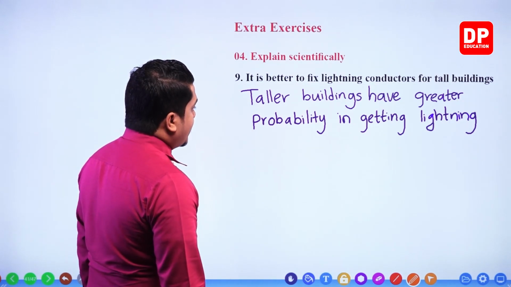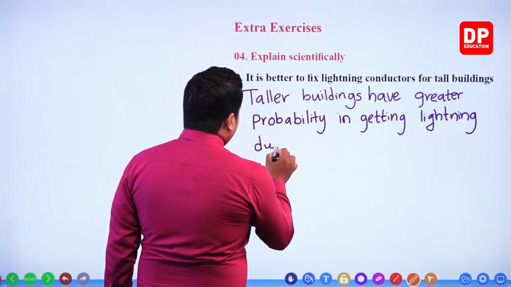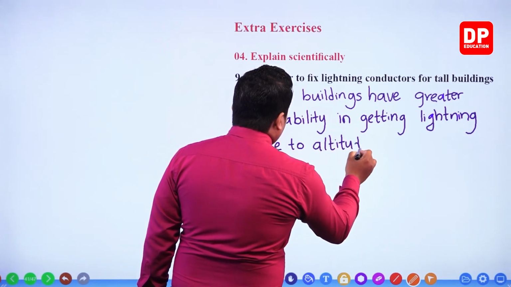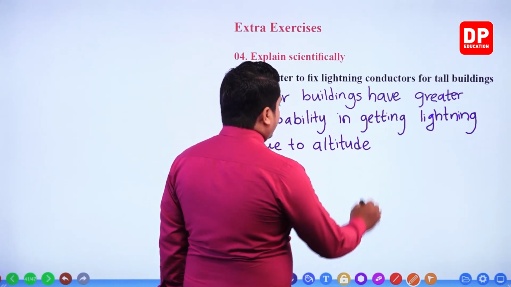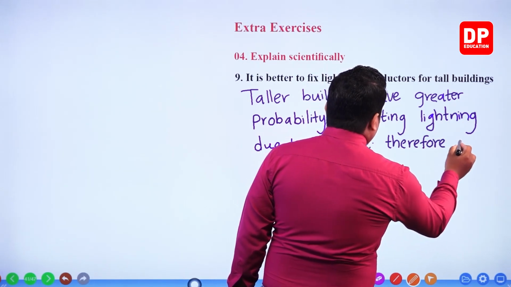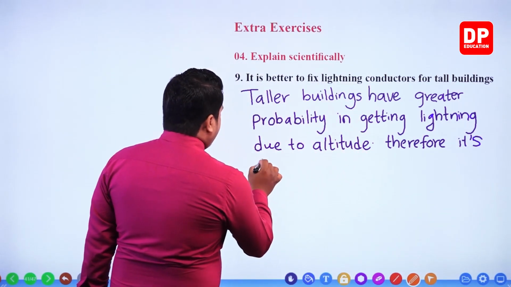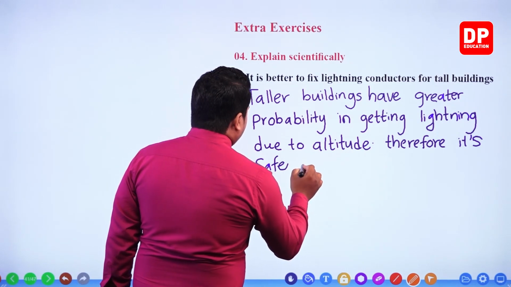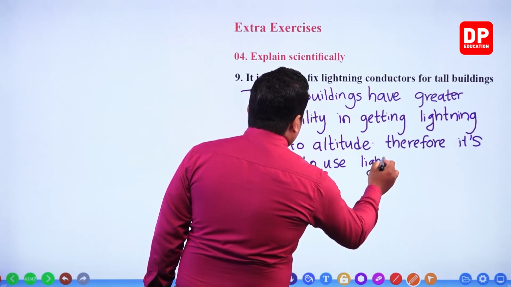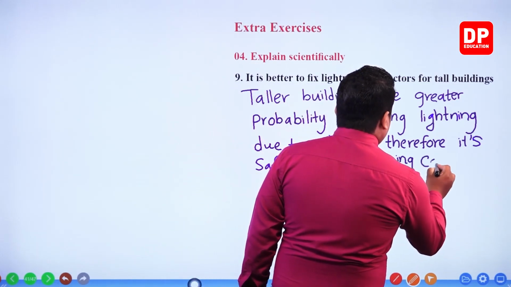Taller buildings have greater probability in getting lightning due to altitude. Therefore, it's safe to use lightning conductors.